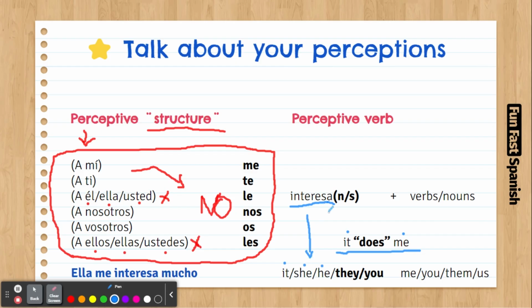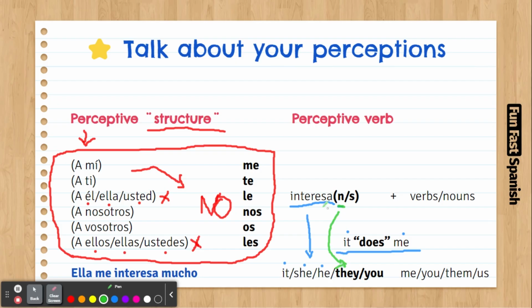Now, what if you're interested in something that is not singular but plural? It's still third person, but in this case it's plural. Then you're gonna use me interesan. Let's say me interesan las uvas, like I'm interested in grapes. So here we are using the third person plural.